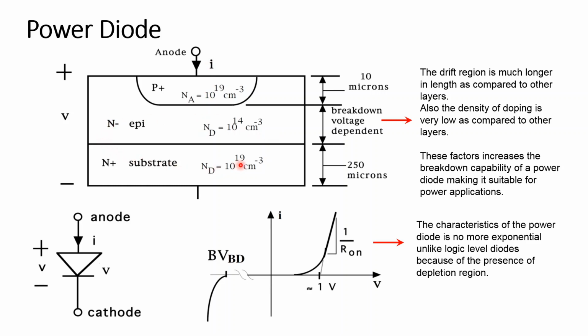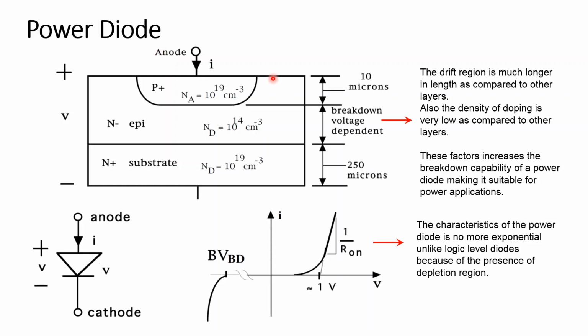So the cross sectional area of power diodes can be in several square centimeters, or in some cases a single power diode is constructed from a wafer of 4-inch diameter. So it is a very large wafer. So from that wafer only a single power diode is constructed sometimes when the rating required is very high.